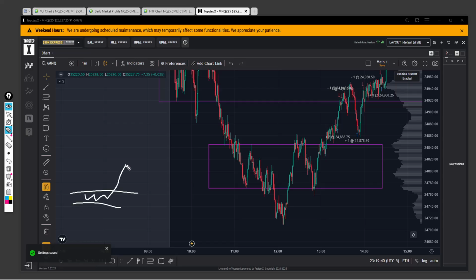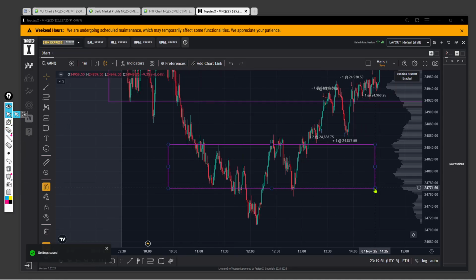They move away from that range into the next range, and they keep doing that. That's the entire process of a market, of an auction. So I took it long for the range breakout, and I closed the position there. I think that was like a 2.5 hour trade, something like that.